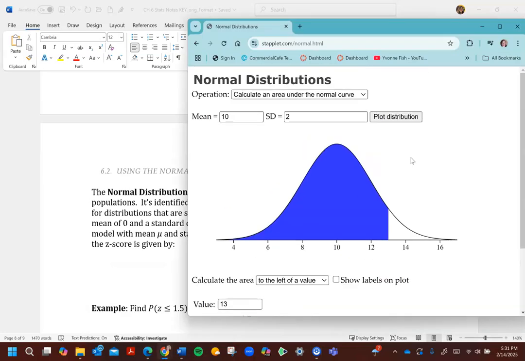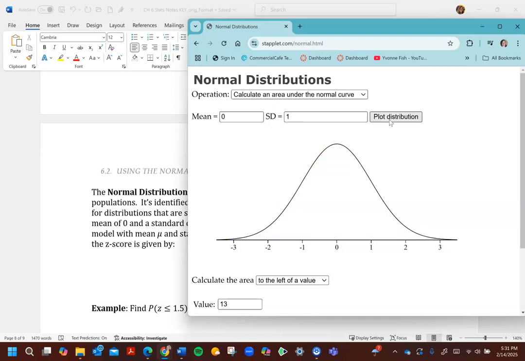I would actually just change my mean to 0 and my standard deviation to 1, plot distribution, and there it lays out for you.